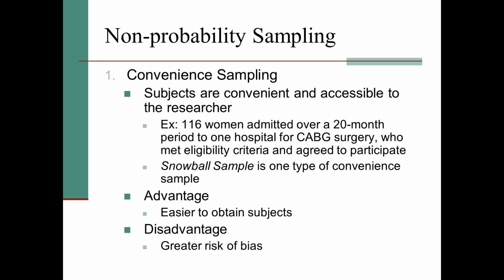Let's talk about that. In terms of convenience sample, the subjects are convenient, and once again, it might just be all of the people that had surgery at this one particular hospital over a 20-month period. Snowballing is one type of convenient sampling, and for example, let's talk about people who maybe had appendicitis and had their appendix removed.